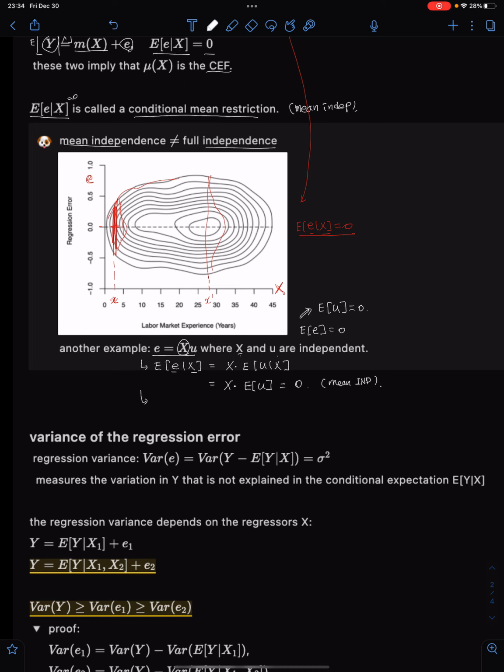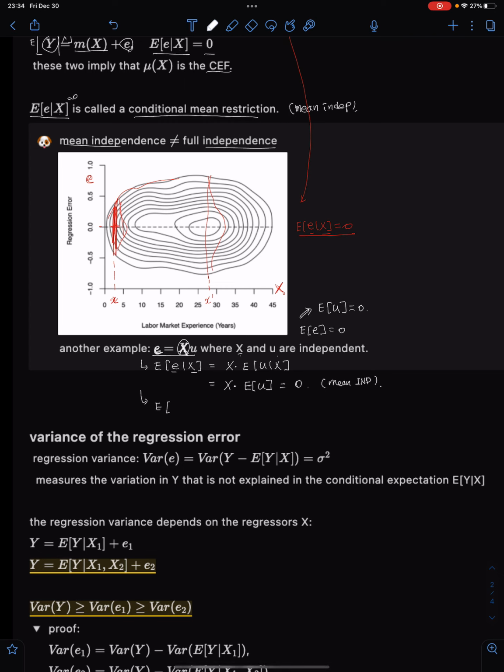But now, are e and x independent? You can see that they are not, because e is actually dependent on x. The part of e is determined by the value of x.